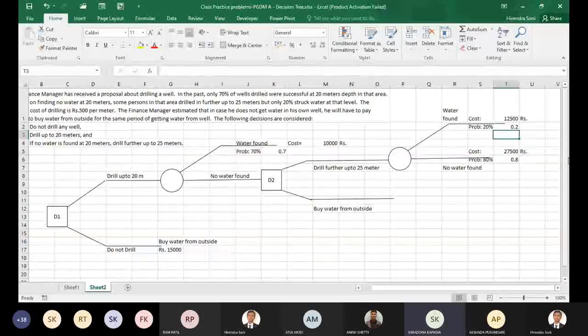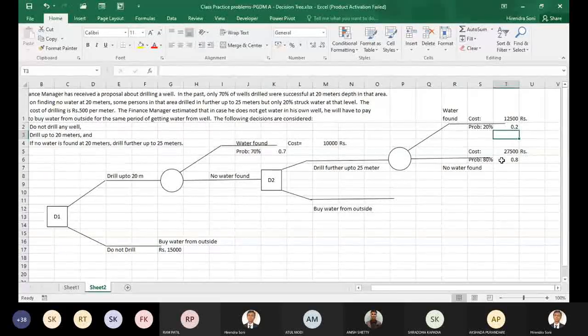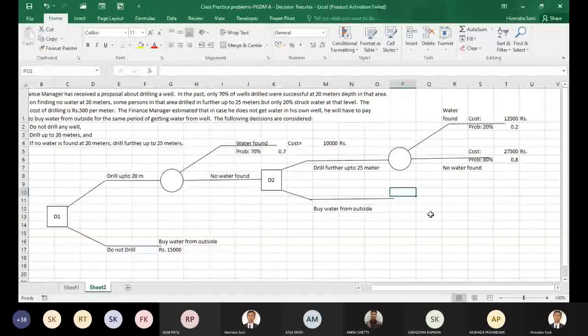Yes, sir. Okay. Now when I am going to buy water from outside, after this, my cost would be the cost of drilling up to 20 meters. So 20 into 500 plus cost of water 15,000.